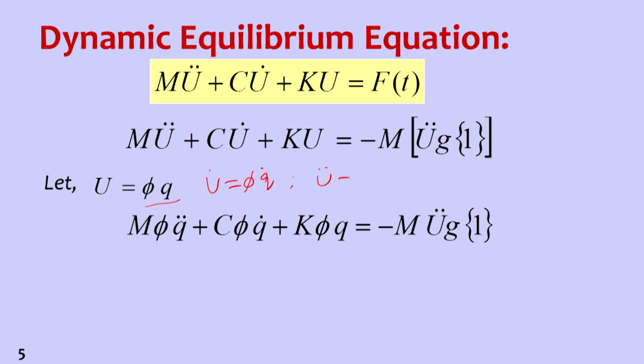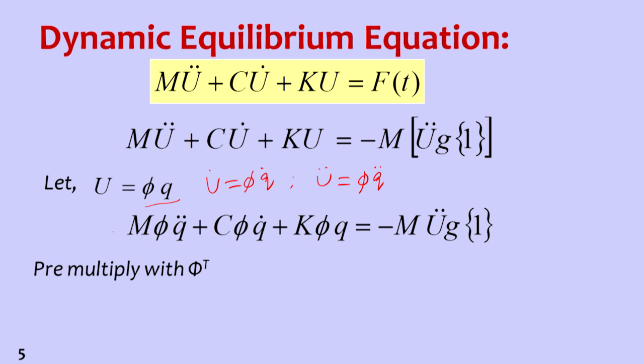Similarly, u double dot is equal to phi times q double dot. So we get m phi q double dot plus c phi q dot plus k phi q. We are substituting u, u dot and u double dot in this equation, and this total equation is equal to minus m u double dot g.